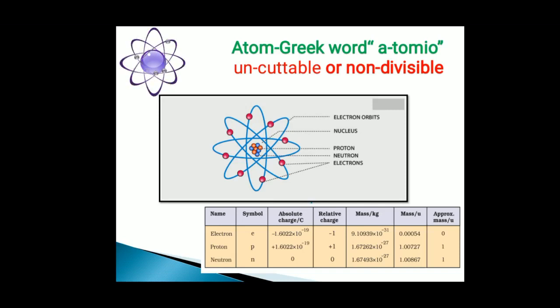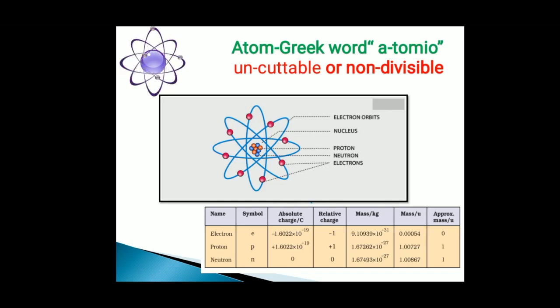The experiments related to the discovery of subatomic particles, you have already discussed in PU1 chemistry, in the topic atomic structure. In detail you have discussed these discovery experiments, right? So here we have a table which gives the subatomic particles with their charge values.